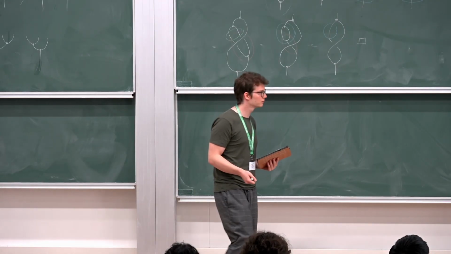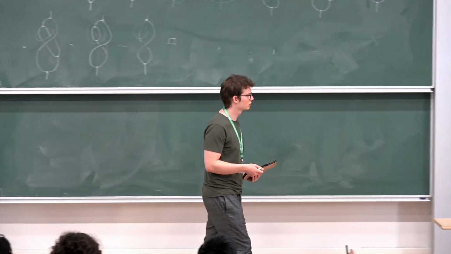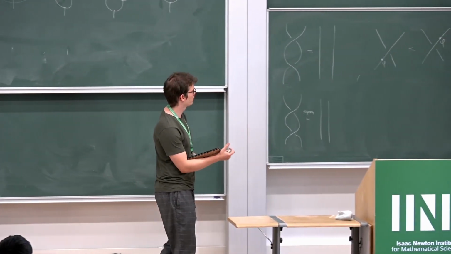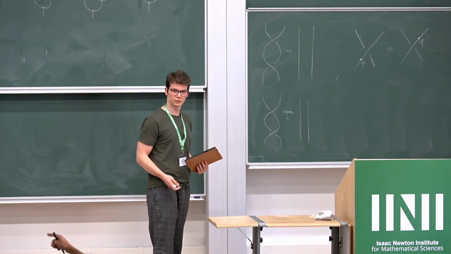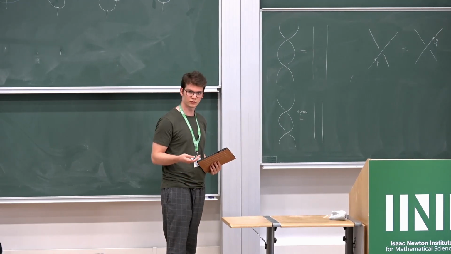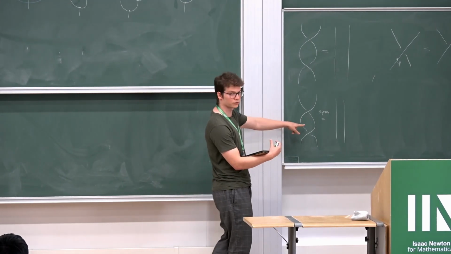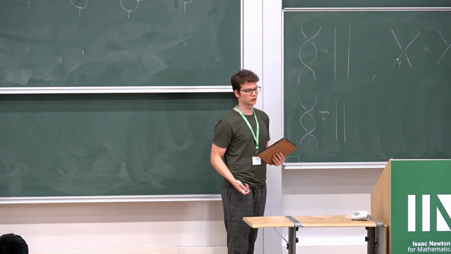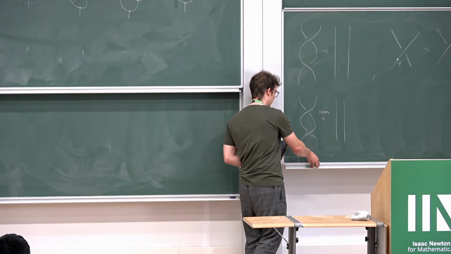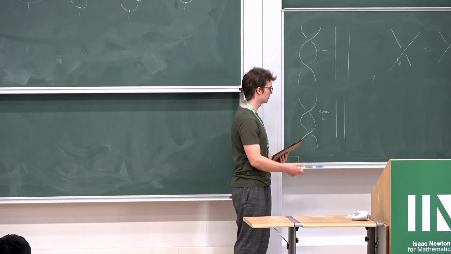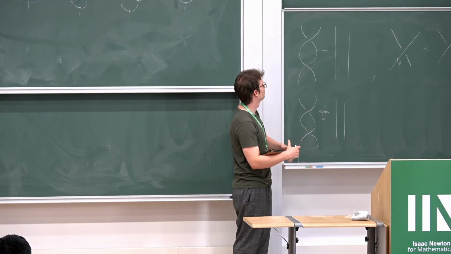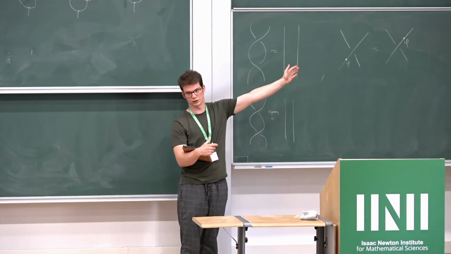You had a question? Like it's a separate assumption with respect to all the other inputs. This one? Yes. So, right, this is the case for symmetric braidings, and this is the case for all braidings.